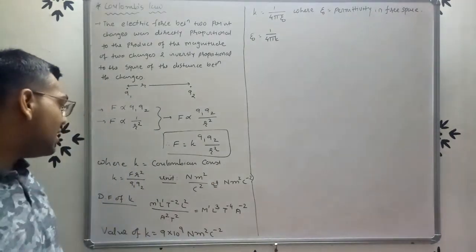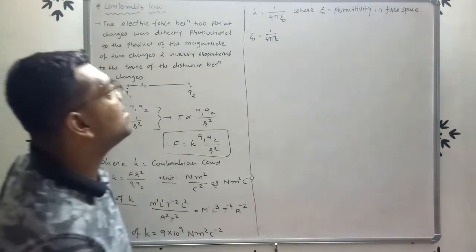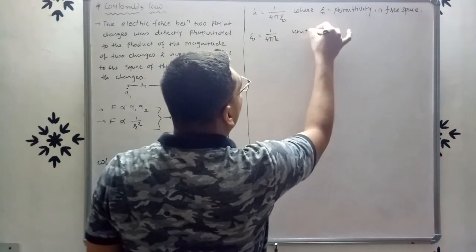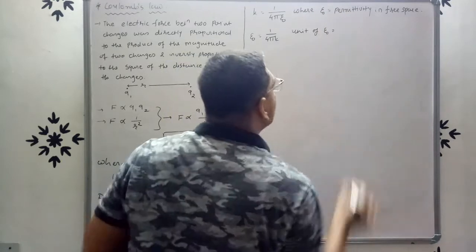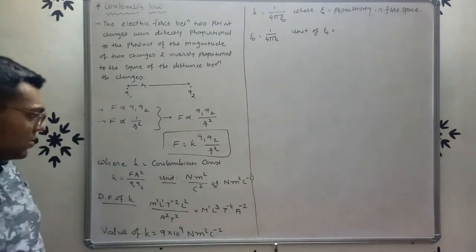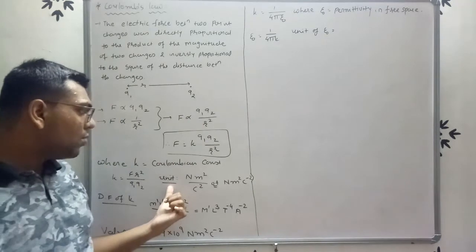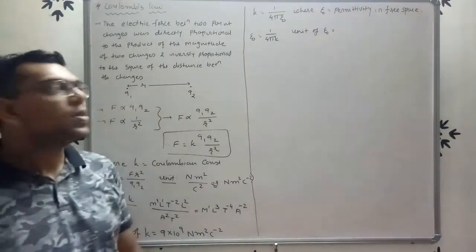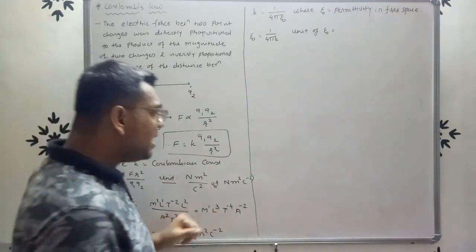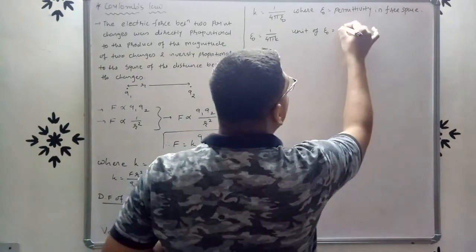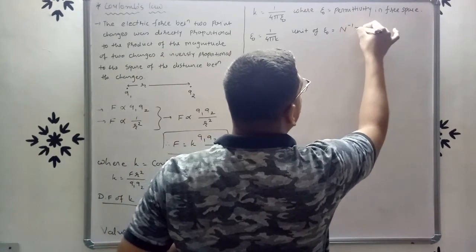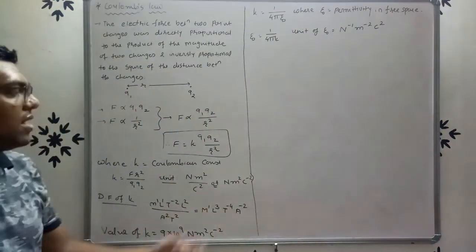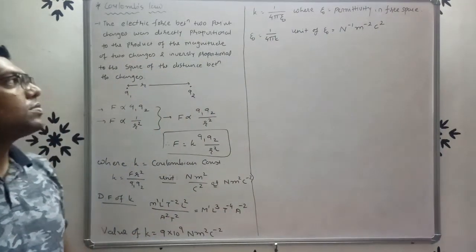So the unit of epsilon 0: epsilon 0 is the inverse of k. The unit of the Coulombian constant is Newton meter square coulomb raised to minus 2, so the unit of epsilon 0 is its inverse. We can write Newton raised to minus 1 meter raised to minus 2 coulomb square. Simply we have to do the inverse.